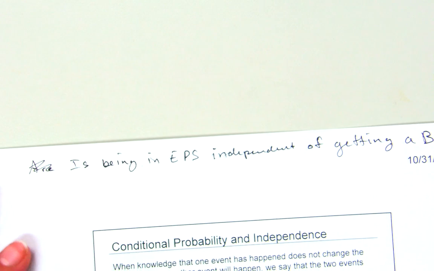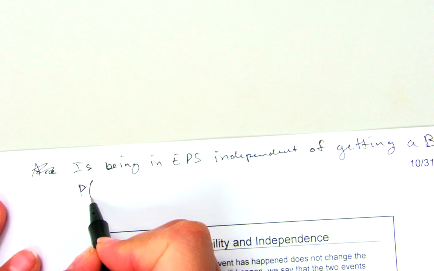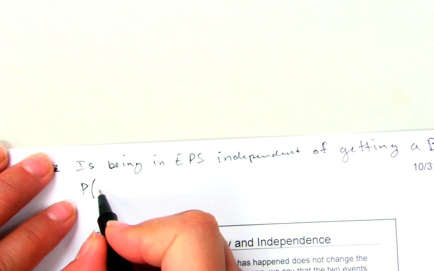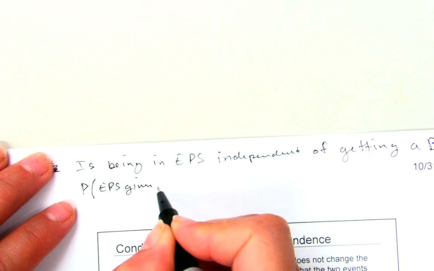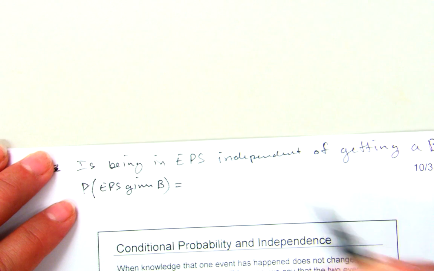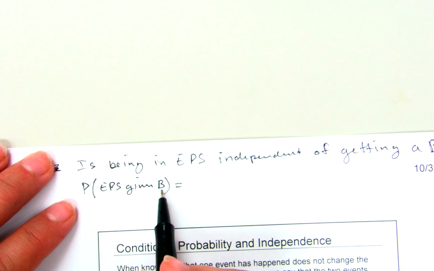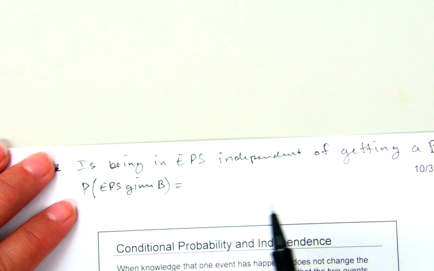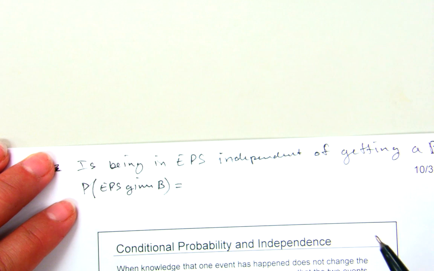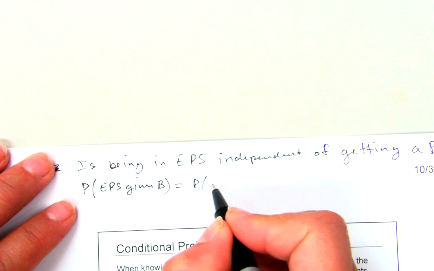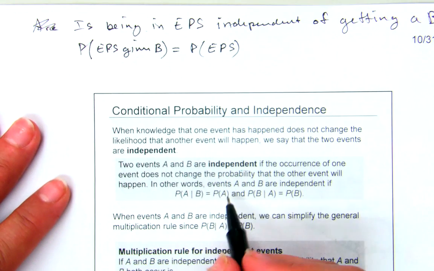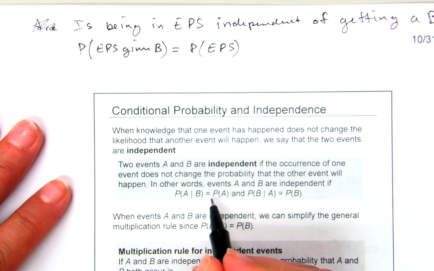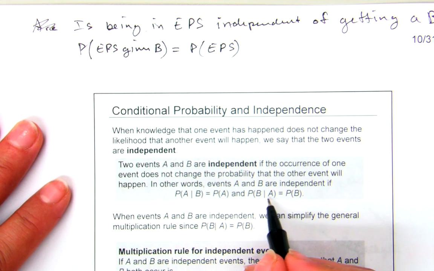Okay, so then we work it out. Is the probability of event A, EPS, given B, given getting a B, equal to the probability of EPS? That's the question, and that's how you interpret this. A given B, is it equal to A, or B given A equal to B?